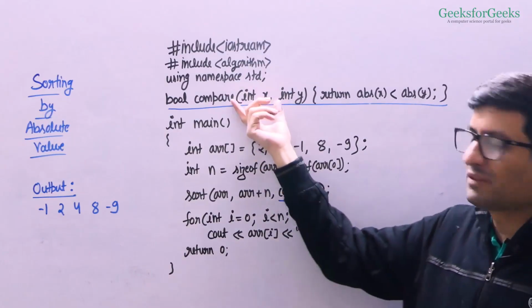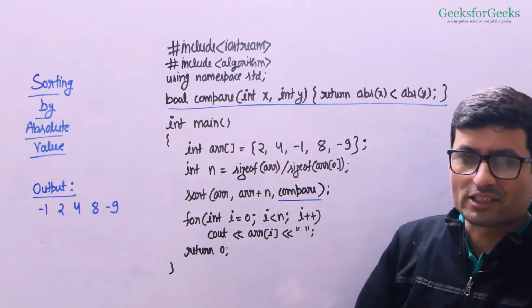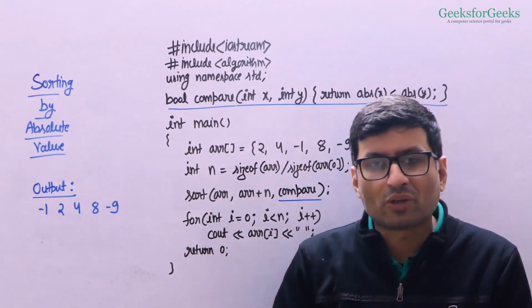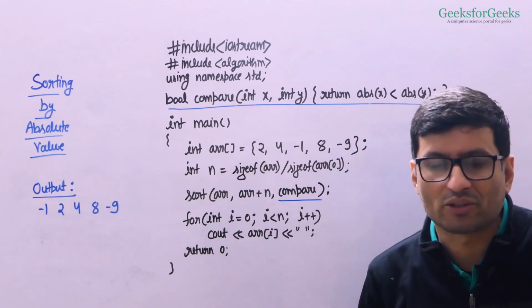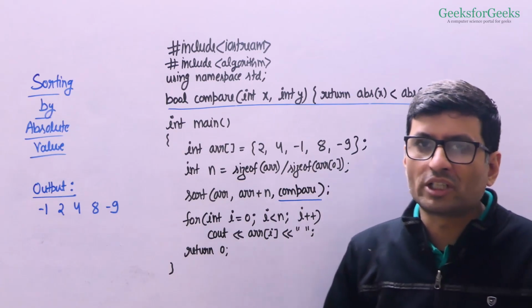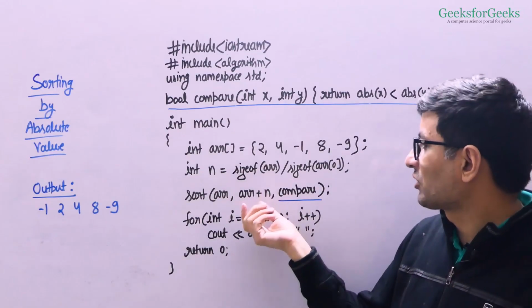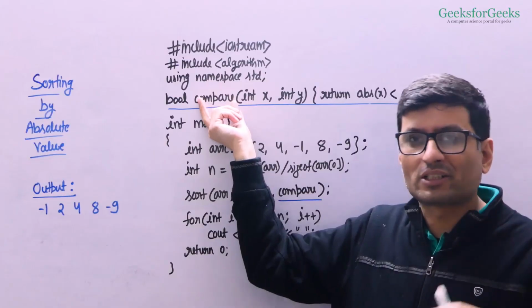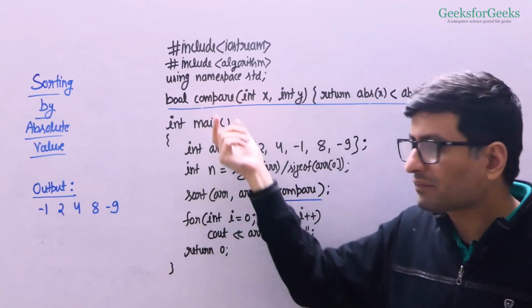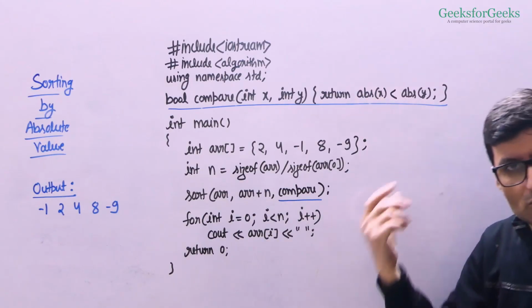So this comparison function is going to be used inside this sort function whenever it's comparing two elements. When you write a comparison based sorting algorithm, you need to compare two elements. So instead of doing the normal smaller than or equal to comparison, this sort function is now going to call this compare function to decide whether this element is smaller or greater. And this compare function simply compares according to absolute value.